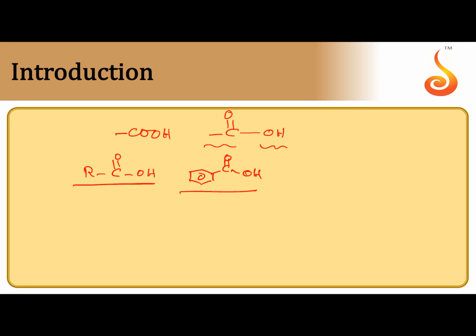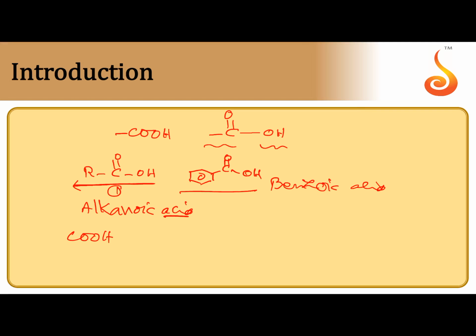Then if two COOH groups are present, they are dicarboxylic acids. In the IUPAC name, the carbon which is present in COOH always gets number 1. So by including the carbon of COOH, you select the main carbon chain. It becomes alk, primary suffix ane, and in place of e, you write the secondary suffix oic acid. So alkanoic acid is the general name. When COOH is directly attached to the benzene ring, that is called benzoic acid.